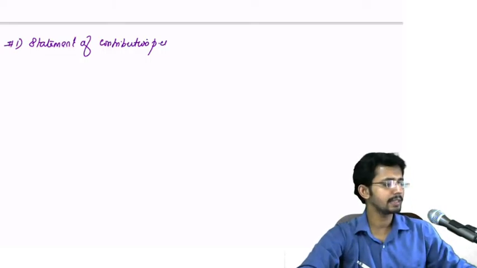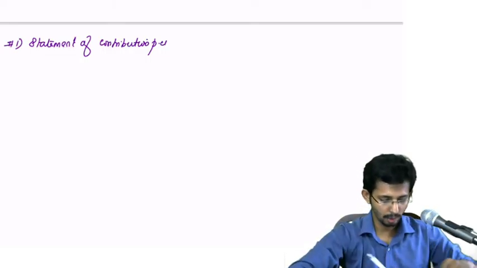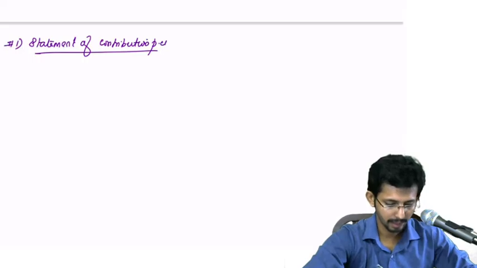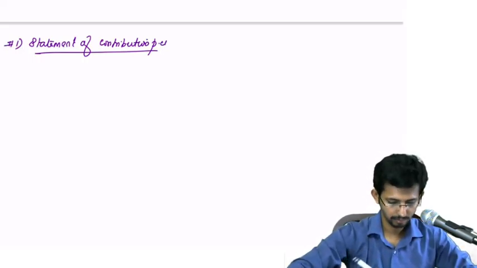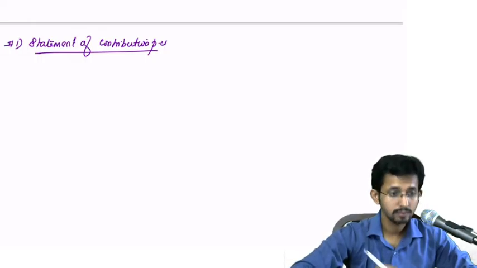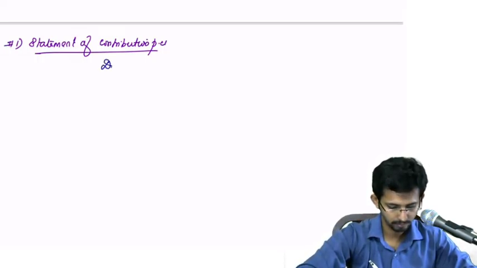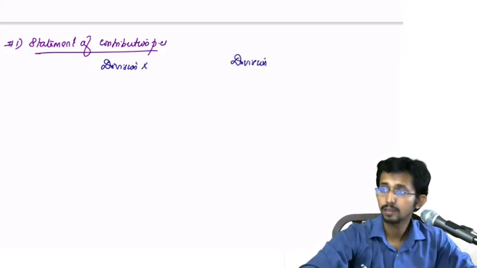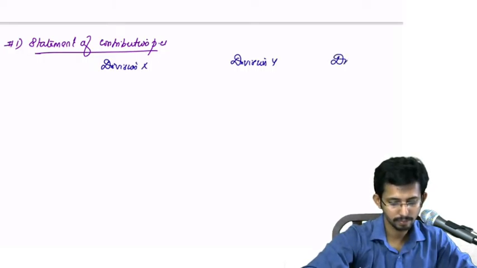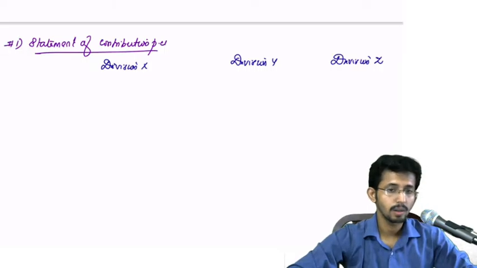You have various permutations and combinations here. So what you can do here is, you have division X, division Y, and division Z.